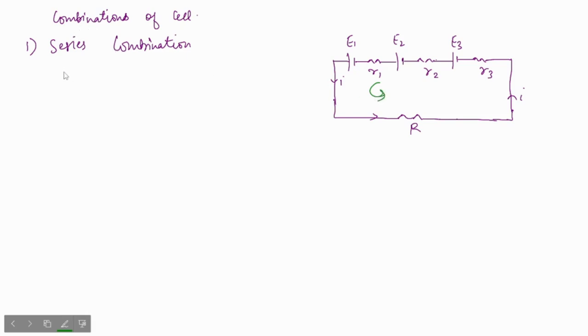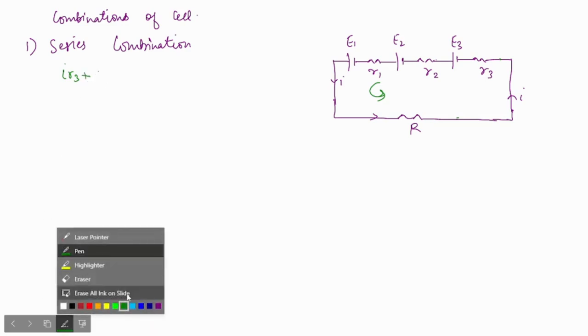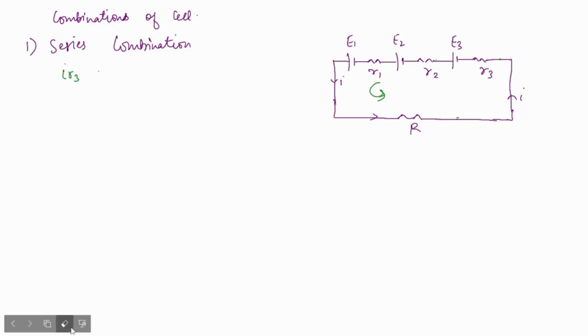On applying KVL, it will be I into R3. We are moving from here to here, and then we'll come here. On passing R3 there will be a potential drop, and we are taking potential drop as positive. I into R3, minus E3, plus I into R2.